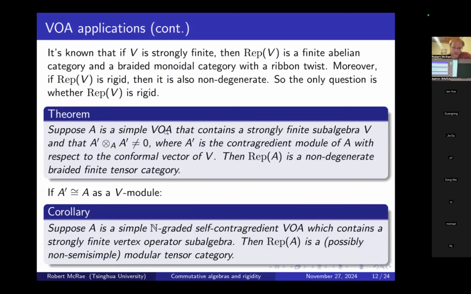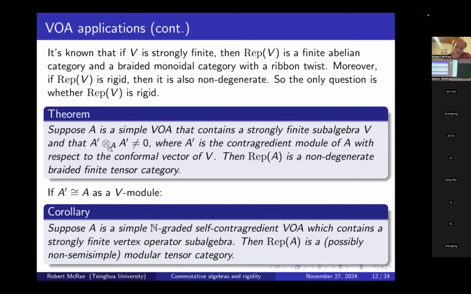So if A is a simple VOA that contains a strongly finite subalgebra, and now this A prime here is the so-called contragradient module of A. So A prime would be both the left and the right dual of A considered as an object, considered as a V module. It also has an A module structure.